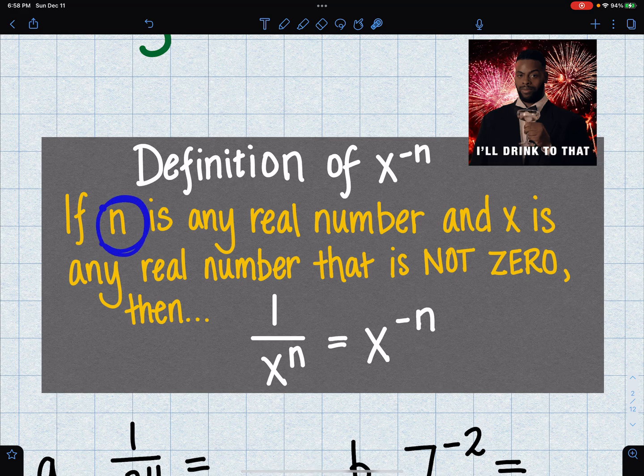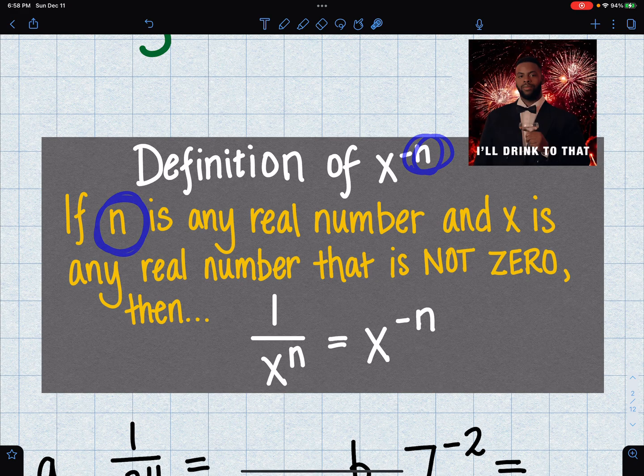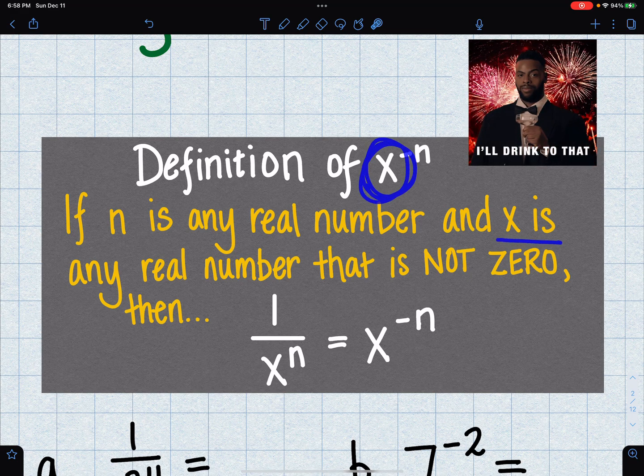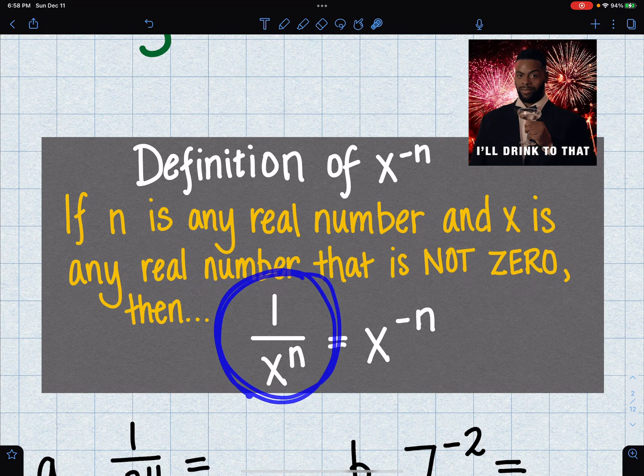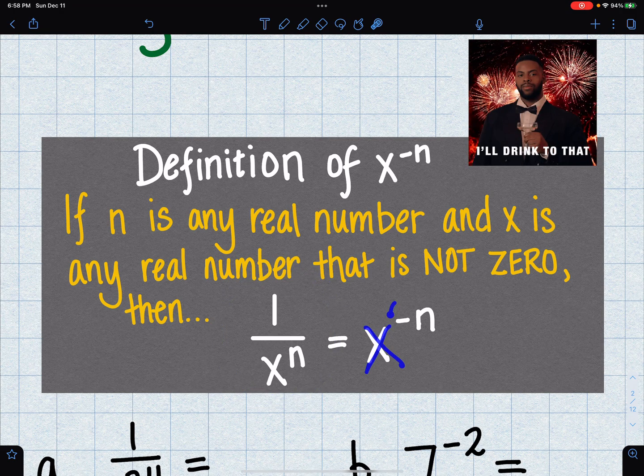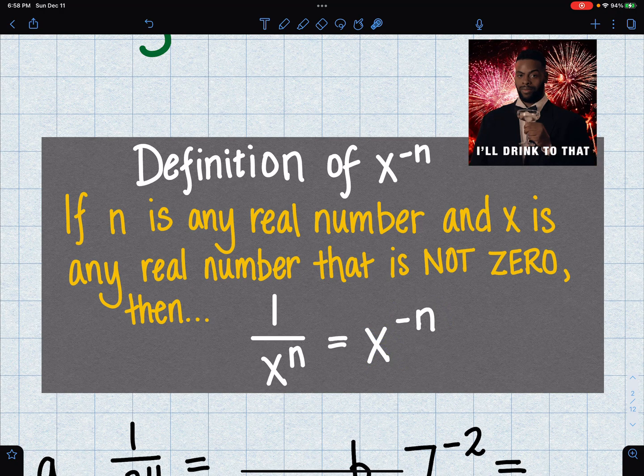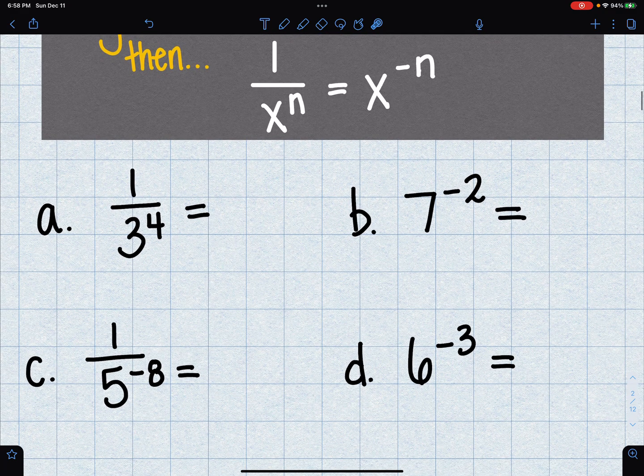Remember n is the exponent, so if n is any real number and x, that's your base right there, is any real number that is not 0, then 1 over x to the n is the same as x raised to the negative n power. Okay, let's try it a couple times, and then I'll show you how we do problems with that sort of thing in it. So here's a bunch of examples.